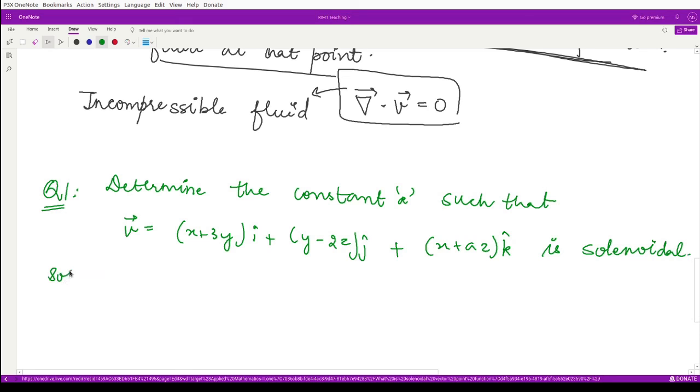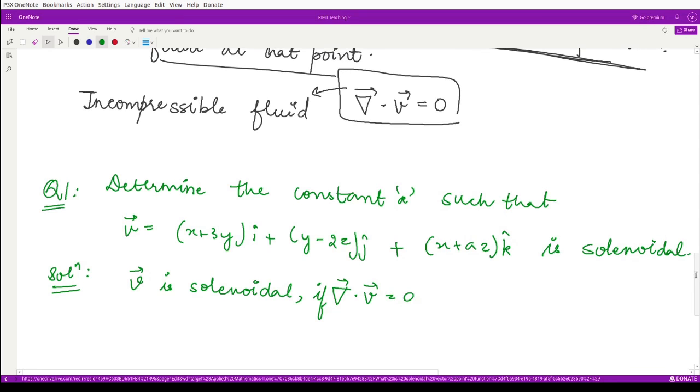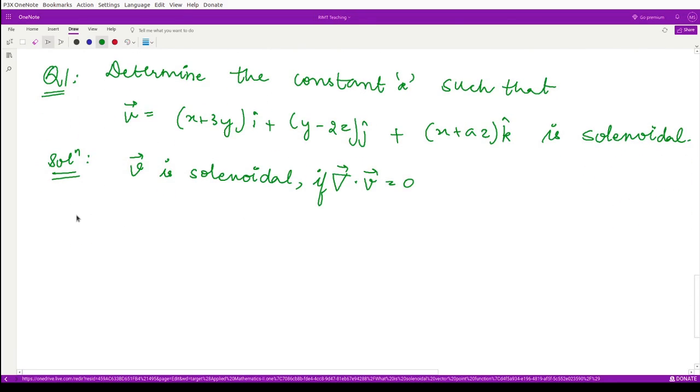Right? So this is a very simple question. Now you know vector V is solenoidal whenever its divergence is equal to 0. So we'll calculate the divergence of vector V here and equate that to 0.